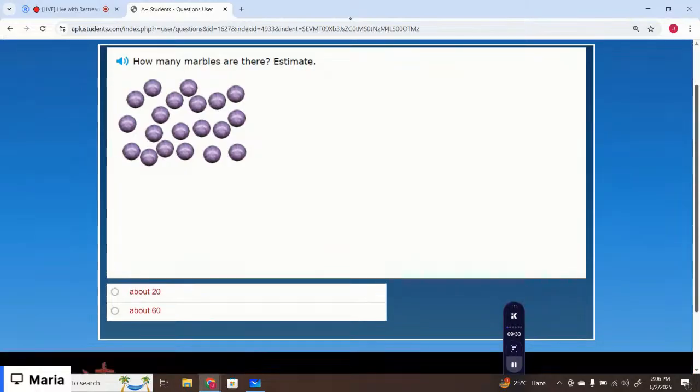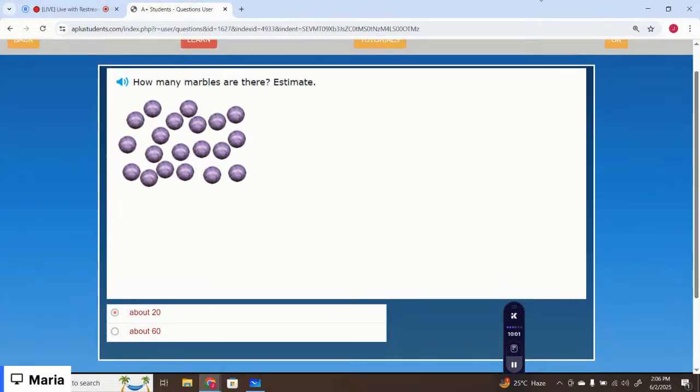How many marbles are there? Estimate. Which is the correct option, about 20 or about 60? There are about 20, so that is the correct option.